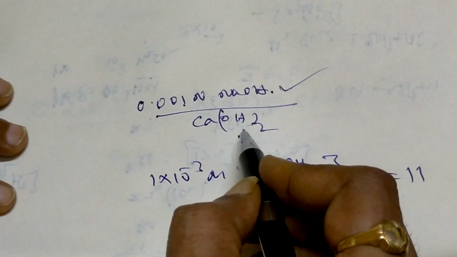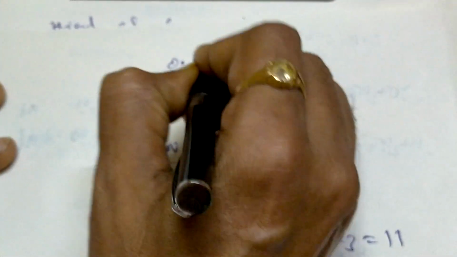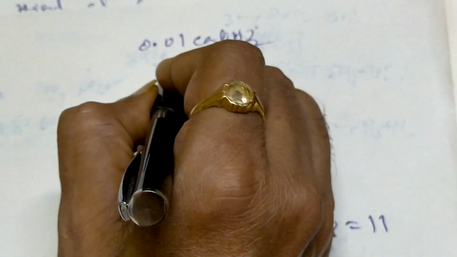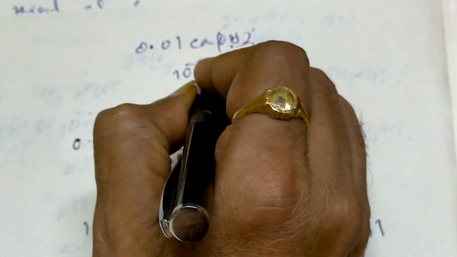The same thing if this is 0.01 calcium hydroxide, if it is asked, what will happen? It will be double. That means the OH concentration will be 2 into 10 power minus 2.